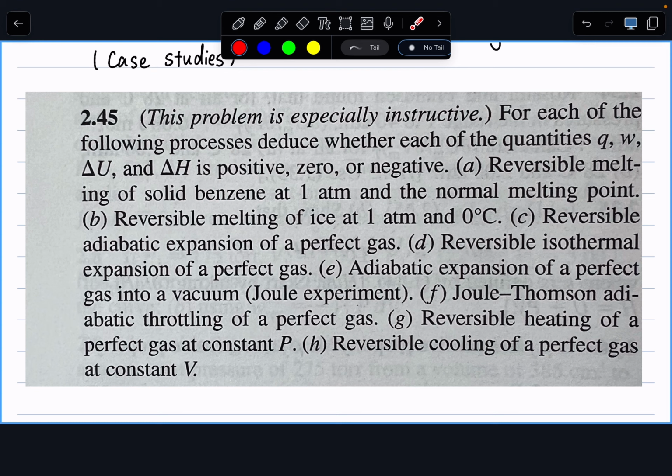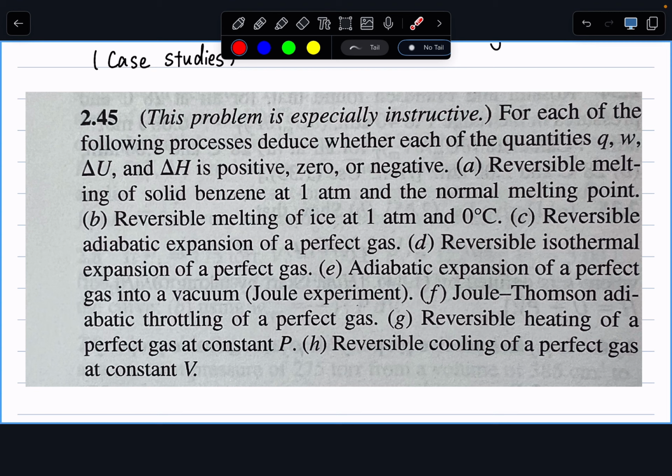Now, since this one is melting of benzene, I need to give you one more piece of information. The density of solid benzene is larger than the density of liquid benzene. And using our GenChem knowledge, we know the first thing is our Q melting, well, our delta H of melting, or heat of fusion, is going to be a positive number.